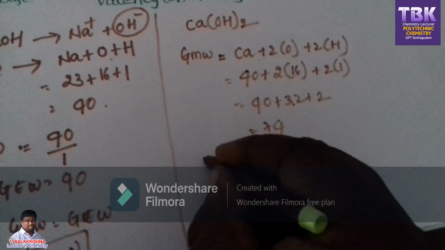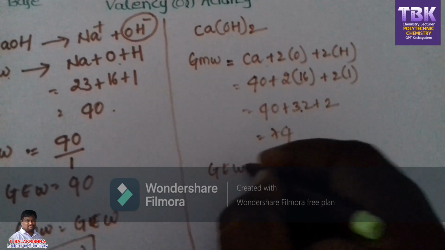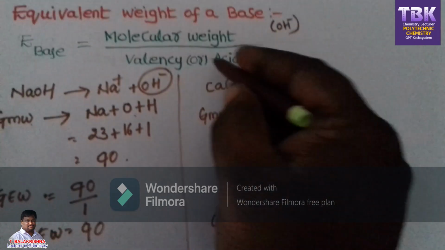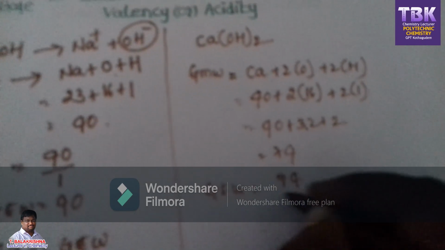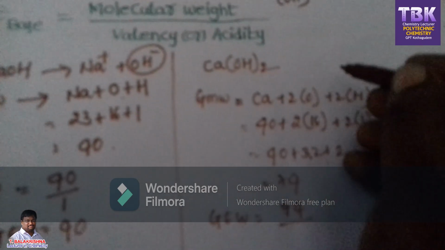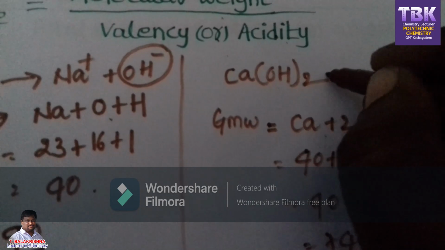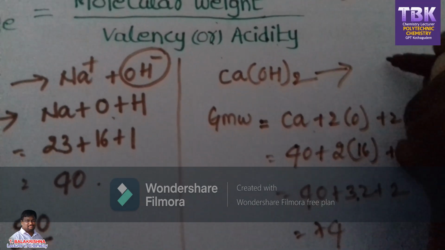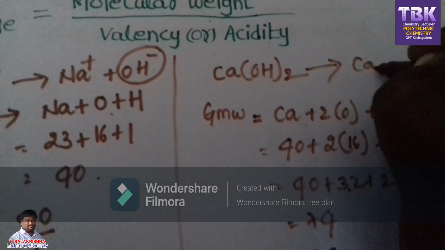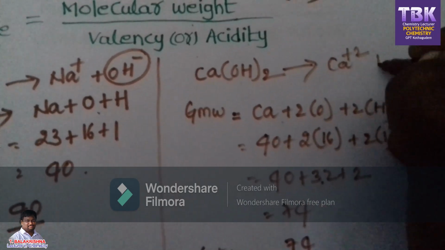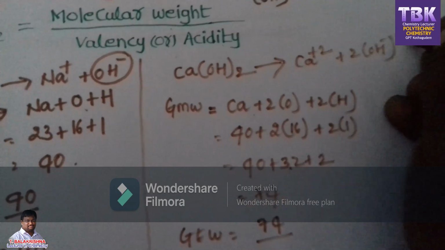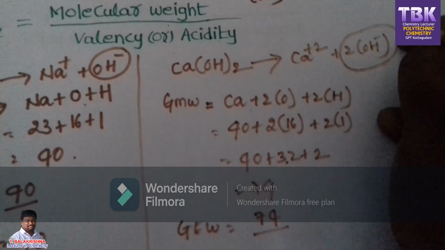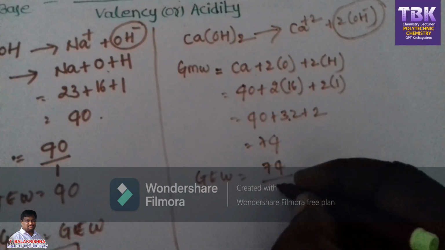The gram equivalent weight is equal to molecular weight by acidity. Molecular weight is 74. Acidity means how many replaceable ions it has. It is split into ions: calcium plus 2 and 2 OH minus ions. The replaceable hydroxyl ions are 2, so acidity is 2.